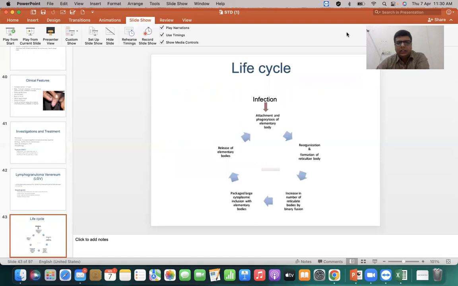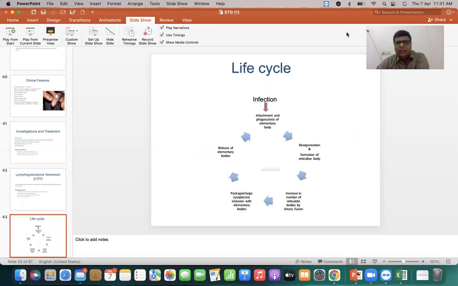So the life cycle is as follows. There will be attachment and phagocytosis of elementary bodies. Then they reorganize in the cell and form reticulate bodies.